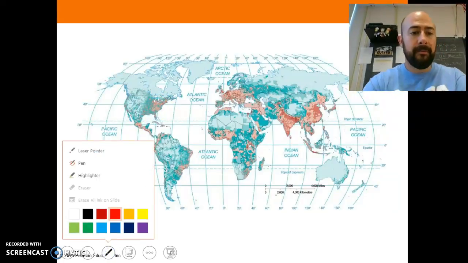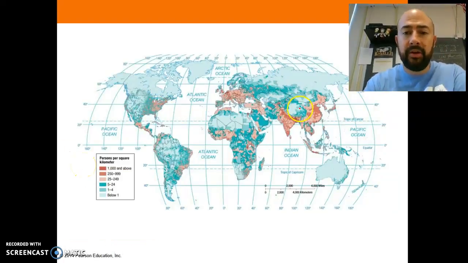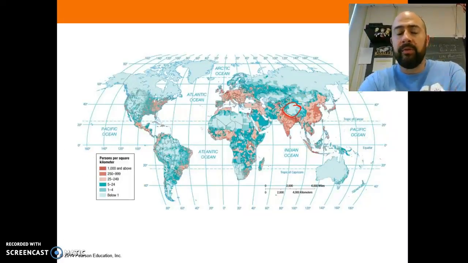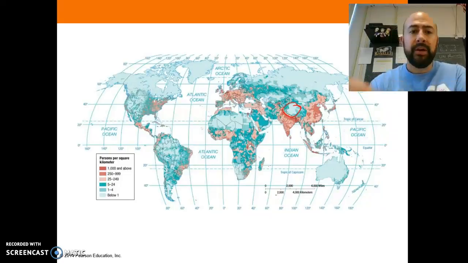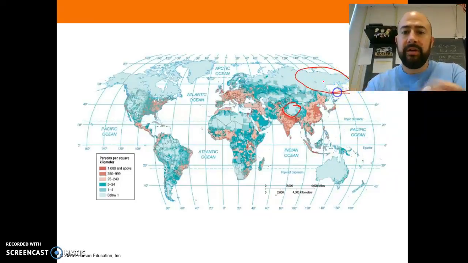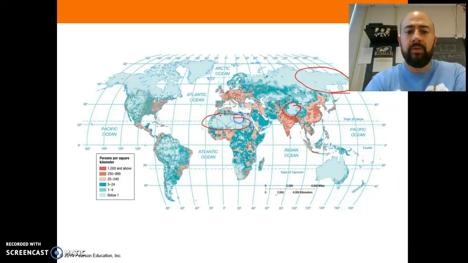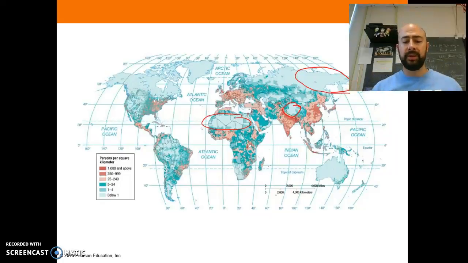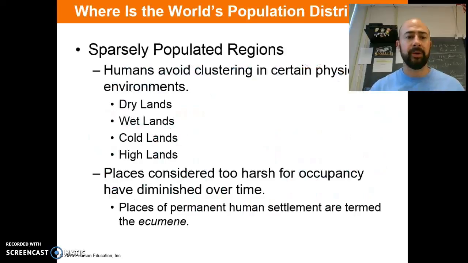Okay, if we look at this area of the world right here, that's a very high elevation, and there's not a lot of people that live there. Siberia, very cold place on the earth, right? And so there's virtually no population there. Northern Africa, the Sahara, very dry. We will not cluster there. So we need to have those certain conditions that we talked about before.